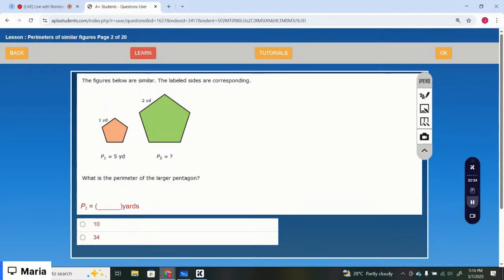What is the perimeter of the large pentagon? That is 2 over 1.